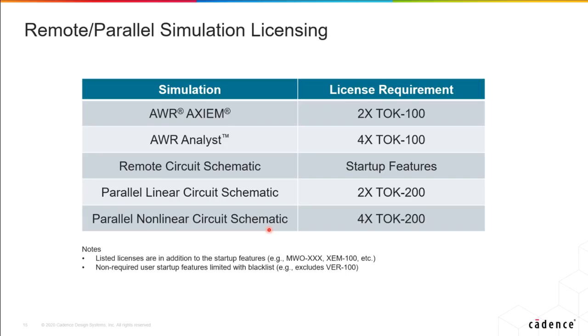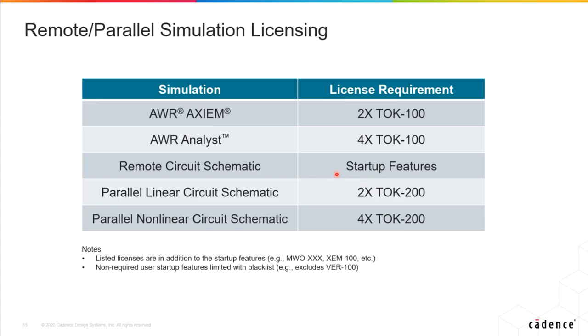So with all these benefits shown, I'd like to quickly explain how this would work from a licensing perspective. So we talked about EM a little bit. AXIEM and Analyst are EM solvers. So those, as I mentioned before, have been around a while, and those use something called tokens to run remotely. So 2 tokens for AXIEM, 4 tokens for Analyst. For remote circuit schematics, so that's sending your simulations of your schematics to other computers, it uses your startup features.